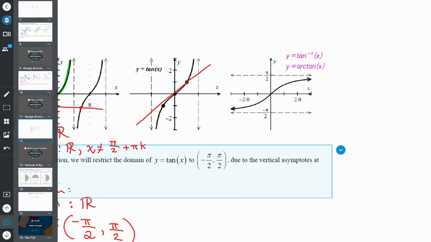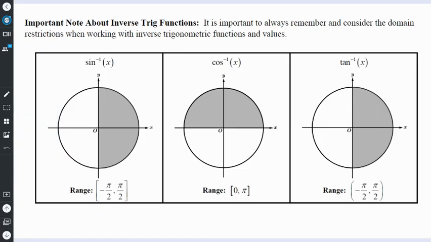So, last piece before we finish for today. Look at this picture here. This is where your answers for your inverse of sine, cosine, and tangent will be located.